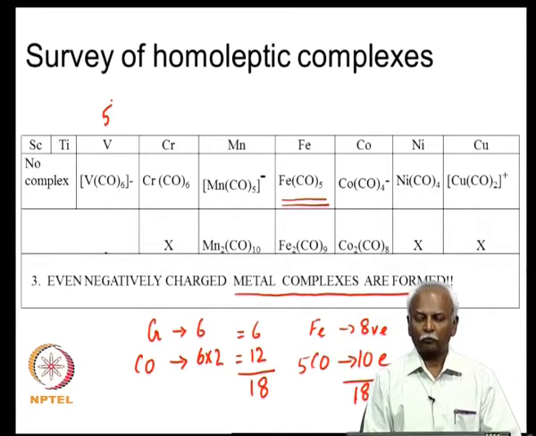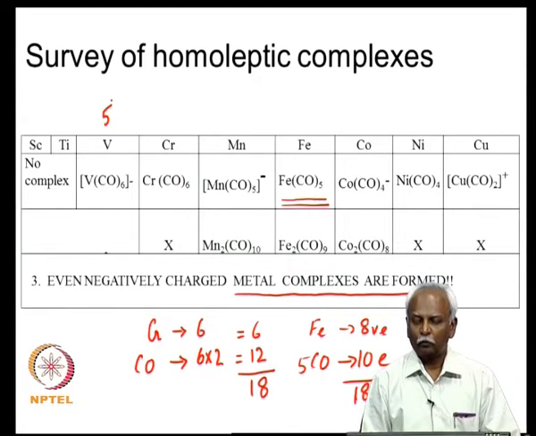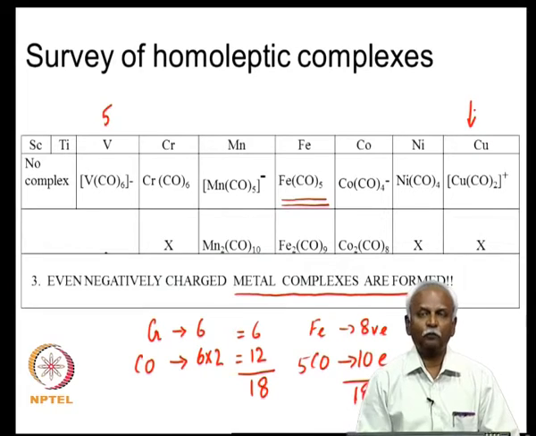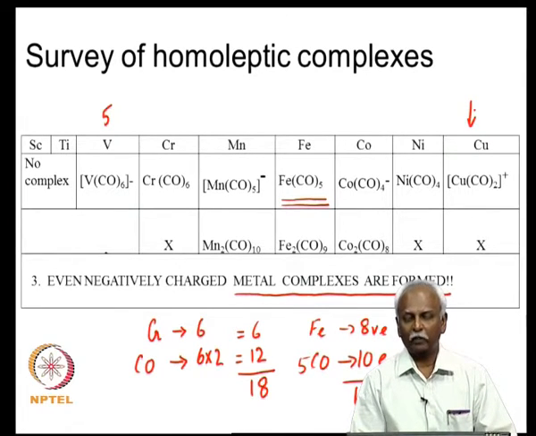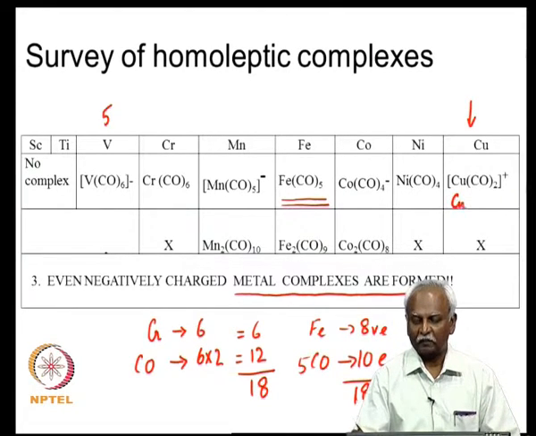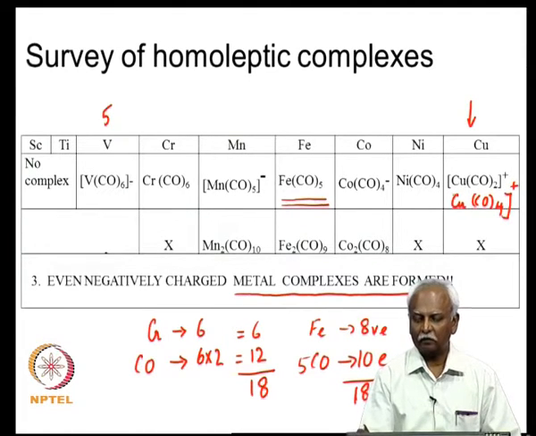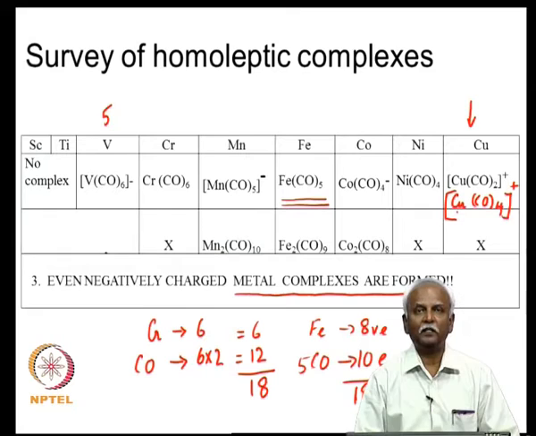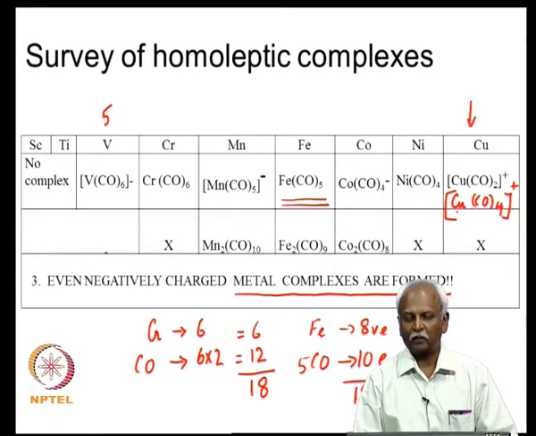In the case of copper, you have a positive charge, and this is in fact a unique system. It does not seem to follow the 18 valence electron rule, but you can generate a tetracoordinate Cu(CO)4 complex also, and that is possible. People have generated a range of complexes in this case, but the number of complexes which are positively charged and have only carbon monoxide in the coordination sphere is rather small.